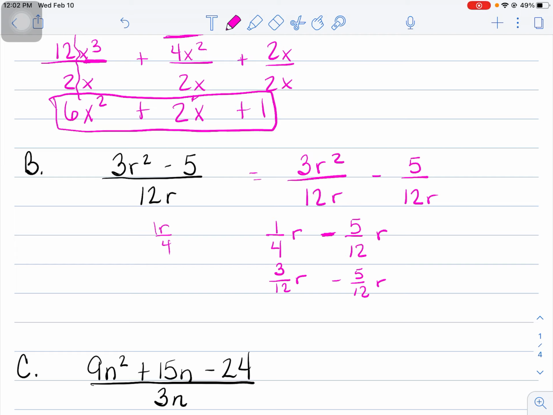I have a positive 3/12 and a negative 5/12. They're different signs, so I find the difference. My larger one is the 5/12, so I know my answer is going to be a negative. 5 minus 3 is 2. So 2/12 R, and then I can further simplify that down to negative 1/6 R. So my final answer would be negative 1/6 R.